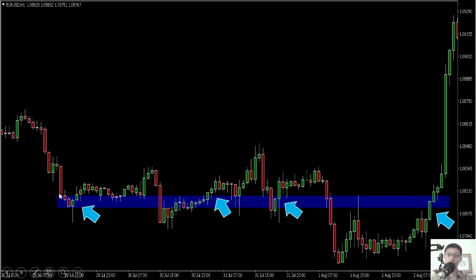Why is this a support? Because after this downtrend, price rejected going lower and started to rise here. So this is a one push, and then it fails.